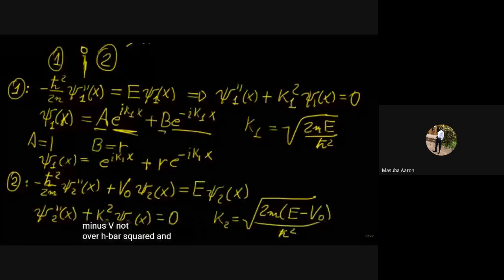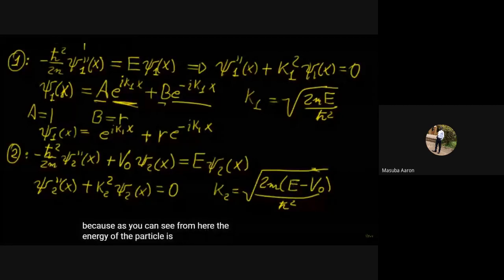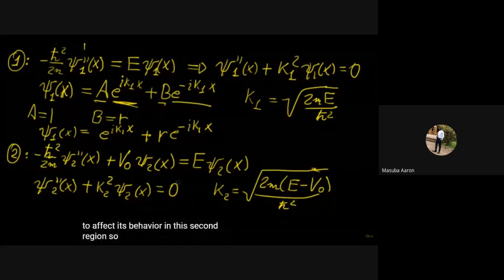And you might notice that this is actually going to be a little bit more complicated to analyze because, as you can see from here, the energy of the particle is actually going to affect its behavior in this second region. So we're going to have to analyze the behavior of the particle based on three cases.